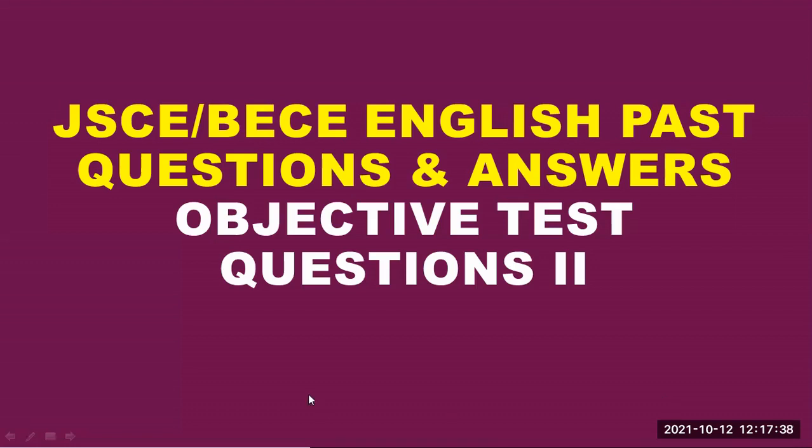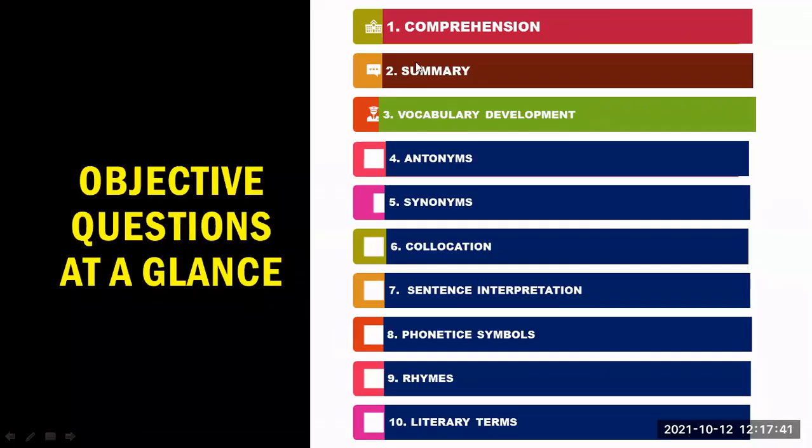Of course, you will understand that the objective test covers 10 areas: the comprehension, the summary, vocabulary development, antonyms, synonyms, collocation, sentence interpretation, phonetic symbols, rhymes, and literary terms. We are taking these topics one by one to make the lesson easy to digest so that you will be able to understand each topic.